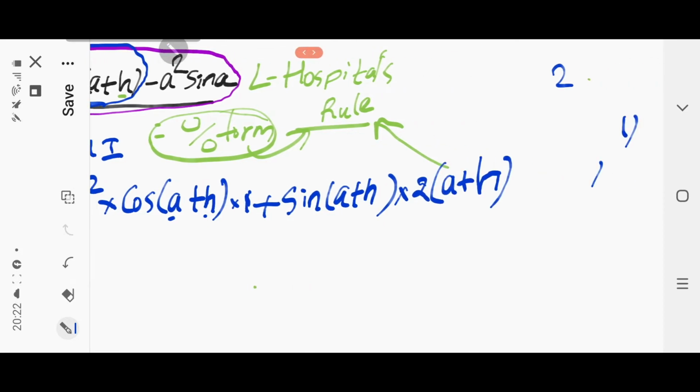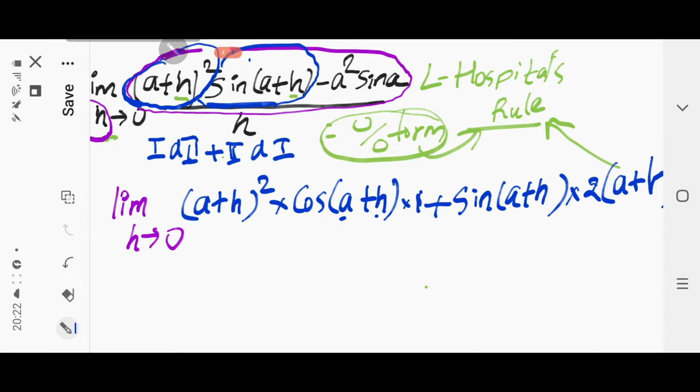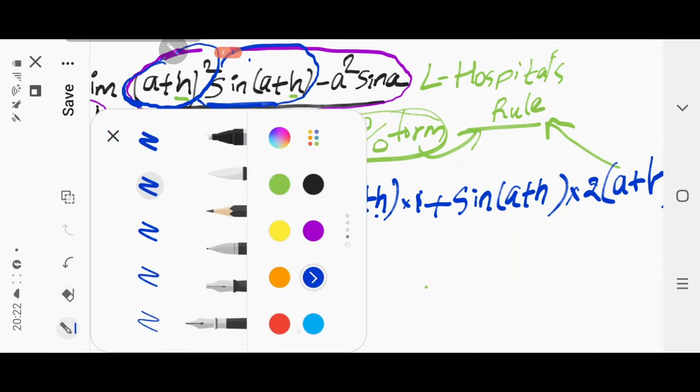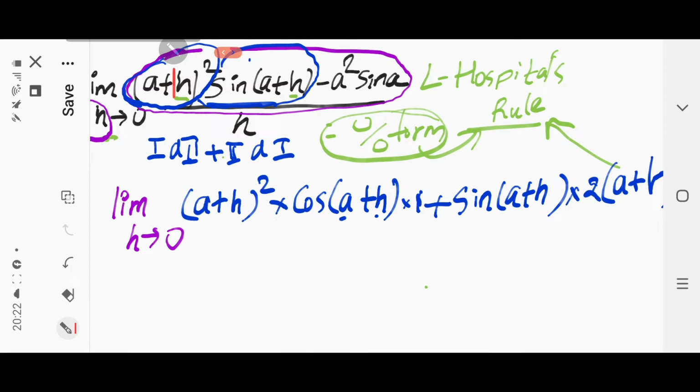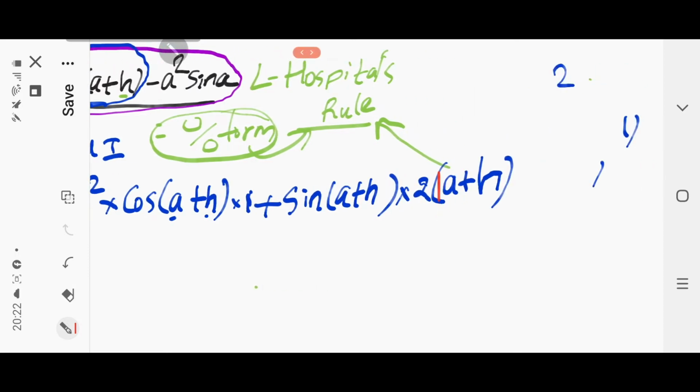Understood? Right? You take the derivative of which one? First into the derivative of this thing is written here, plus the second, sine of (a plus h), into the derivative of (a plus h) the whole square, which is 2 into (a plus h), right? Okay.